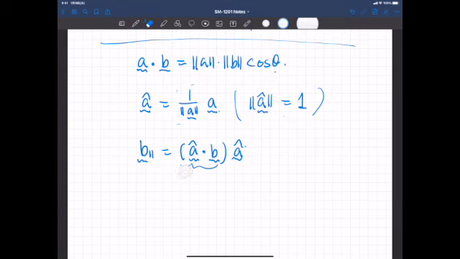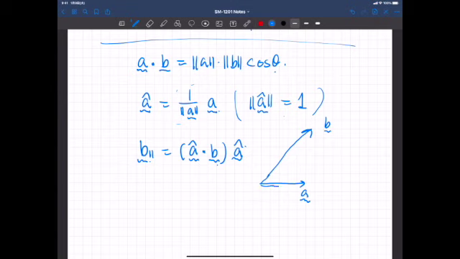Why is this called B parallel? So let's see. This is B, and let's say this is A. Now, a hat is a unit vector, so suppose this is a hat. A hat is in the same direction as A, but it has a unit length. So a hat dot B has some length.